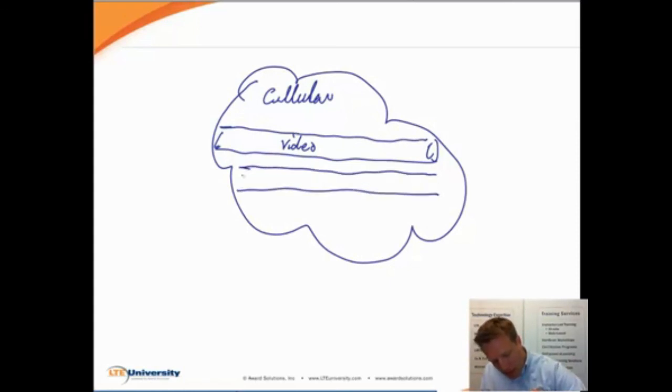Maybe if I'm doing the voice over IP, it's a separate stream of information and is recognized by the network as being a separate stream so that we can treat it differently. Okay, so that's where we're going with this, and where we're going with LTE is that we're trying to get to a point where the network really does treat these different streams of information differently.